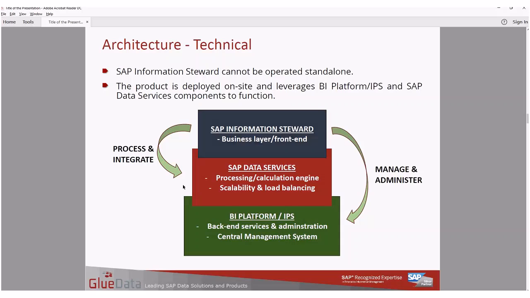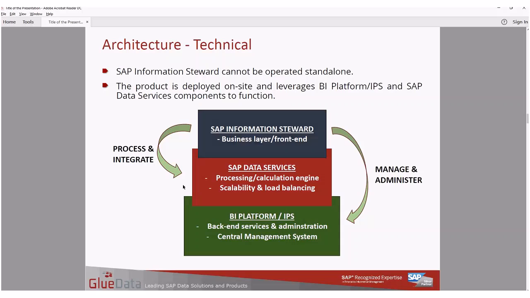Okay, because it's built on the data services application, it's very scalable. It does all the load balancing and the performance management via data services. So it's quite powerful in that regard.